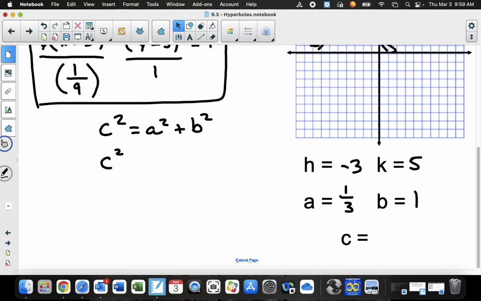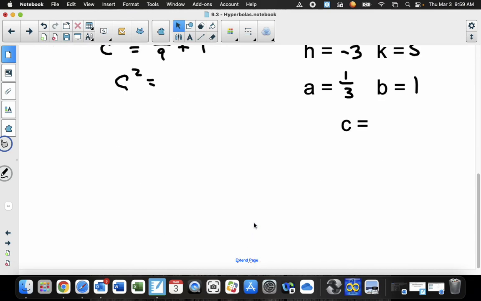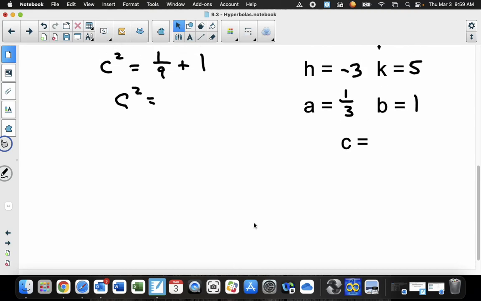So in this case, we've got c squared equal to 1/9 plus 1. So c squared is equal to what? Hang on. So first, this is 10/9. That's what I was getting at. 9/9 plus 1/9 gives you 10/9. And the square root of that is what?